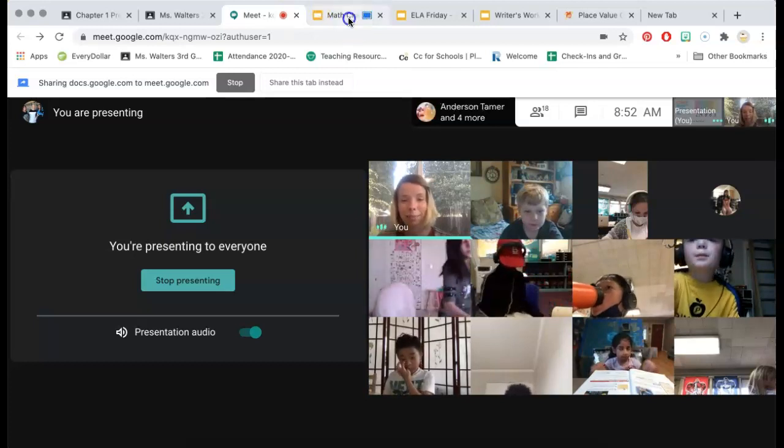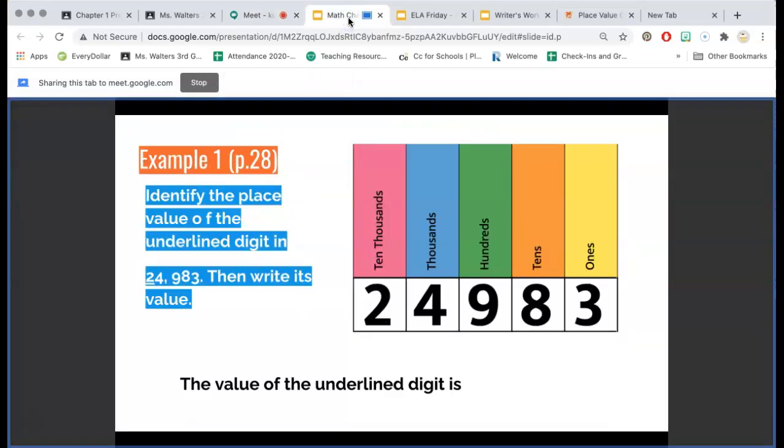Okay. All right. Example 1, we're on page 28. It says identify the place value of the underlined digit in 24,983. Then write its value. So the underlined digit there is a 2.